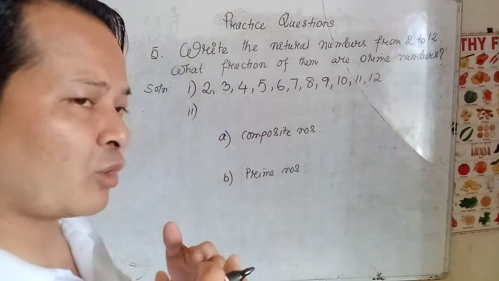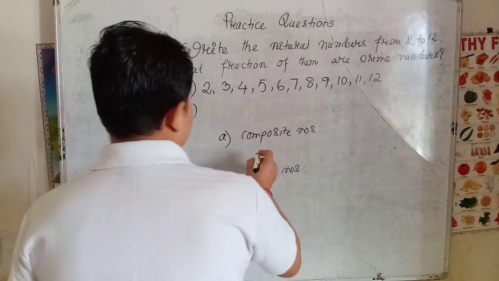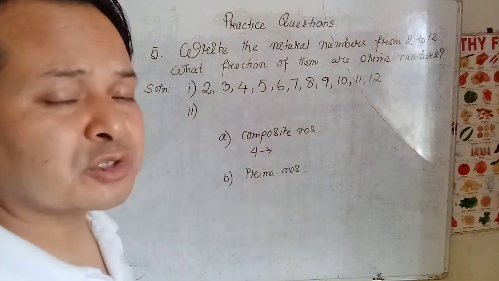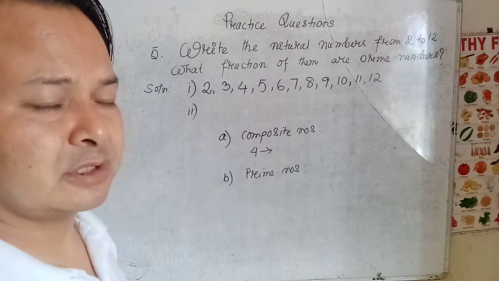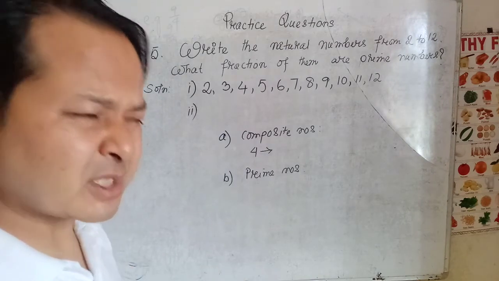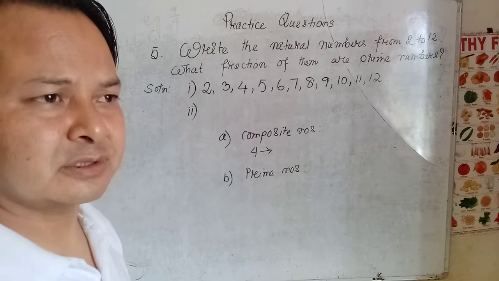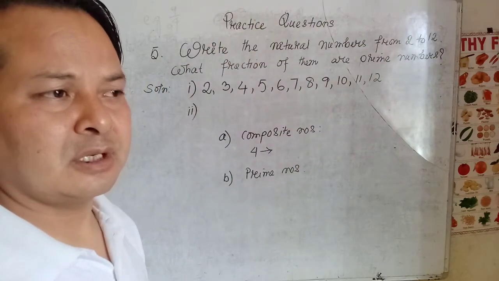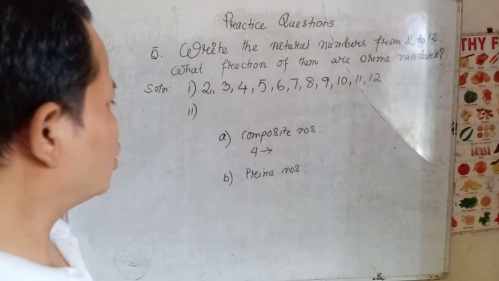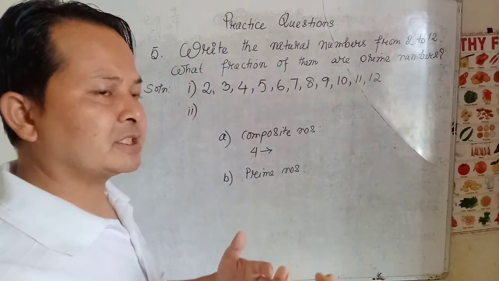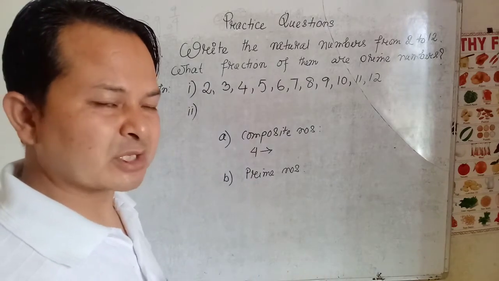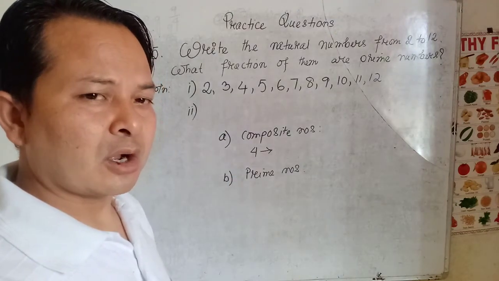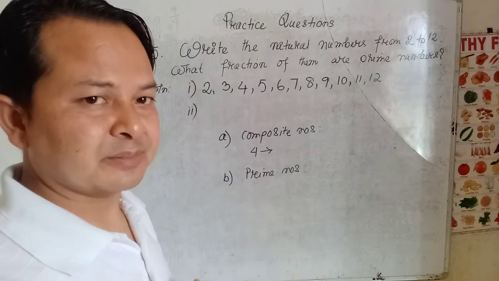Let us take one example, that is 4. This 4 has got more than 2 factors. Then what are factors? Once again we have to remind ourselves about factors. In a previous class we learned about factors. Factors are those numbers which can divide a given number.